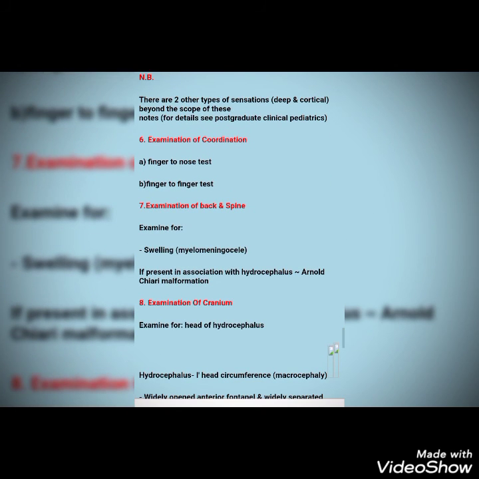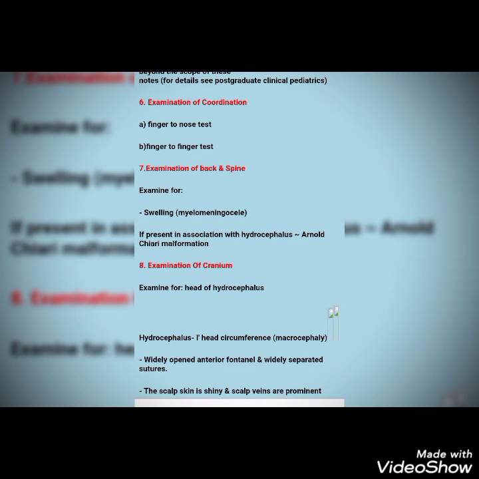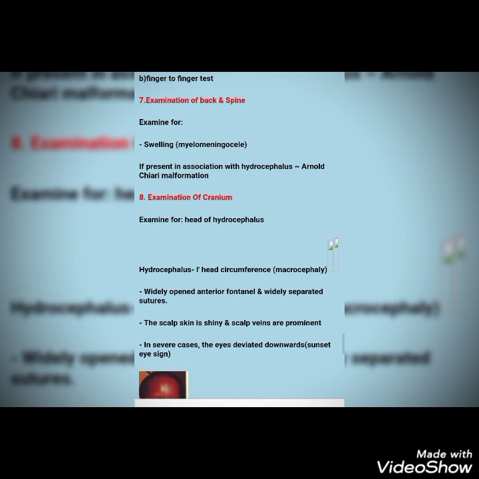Now we will discuss examination of coordination: finger to nose test, finger to finger test. Examination of back and spine: examine for swelling, myelomeningocele, present in association with hydrocephalus or Arnold-Chiari malformation.